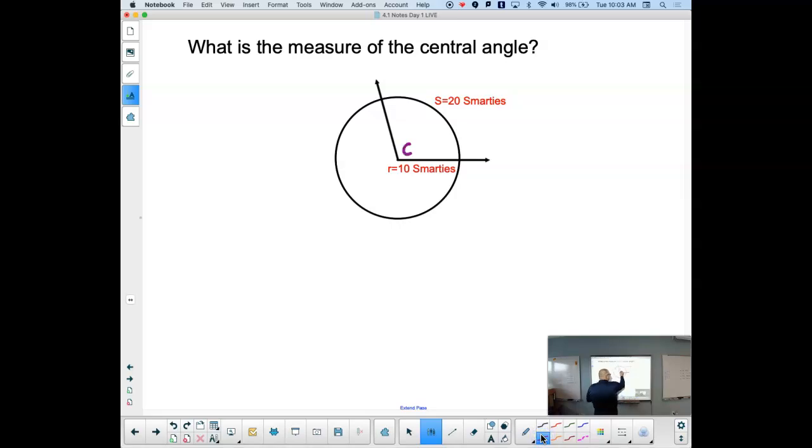Let's call it theta. What would the measure of theta be?